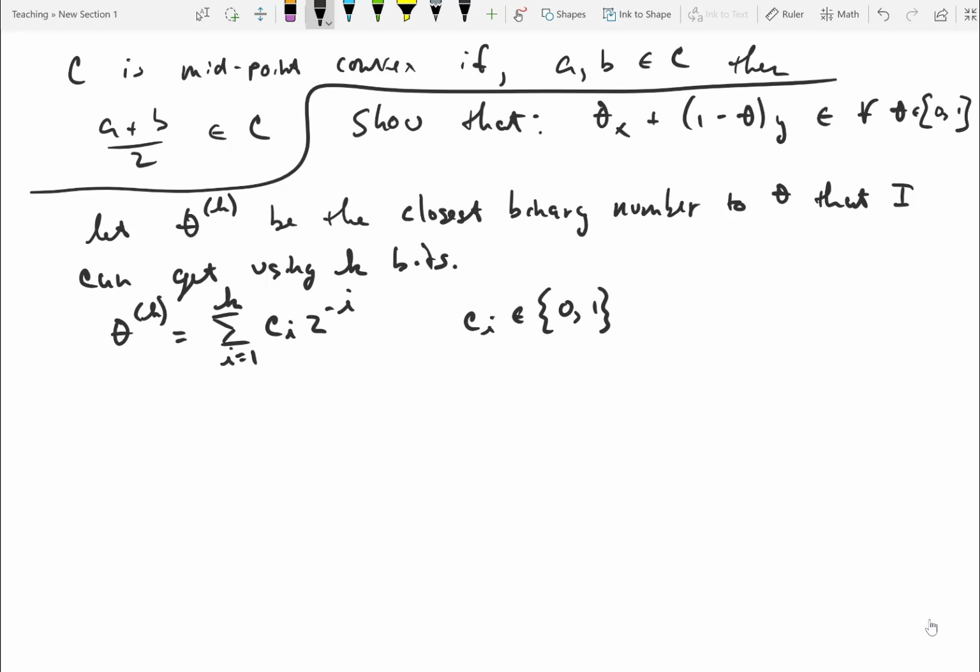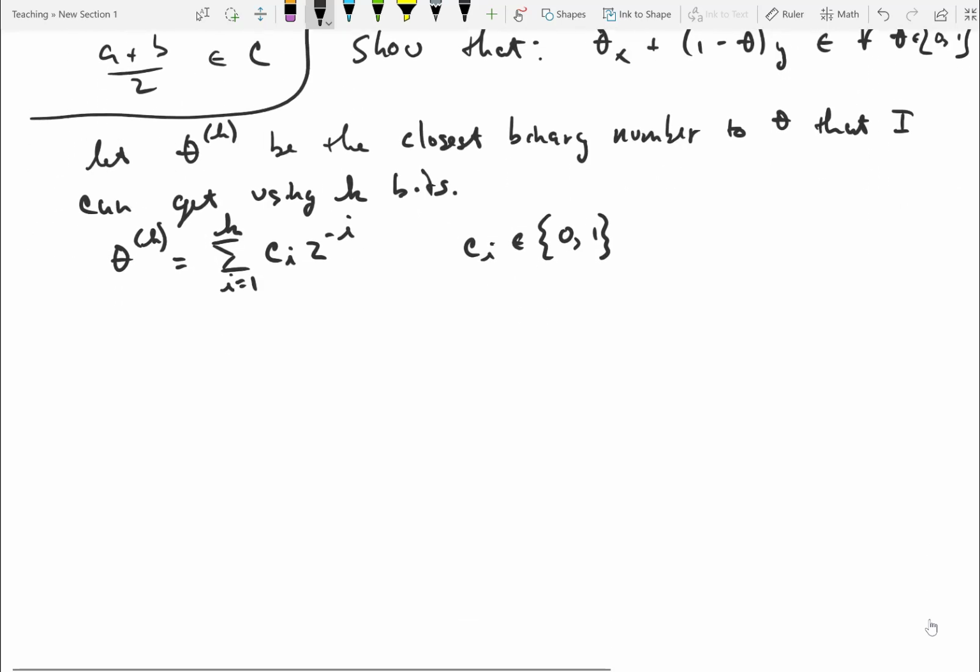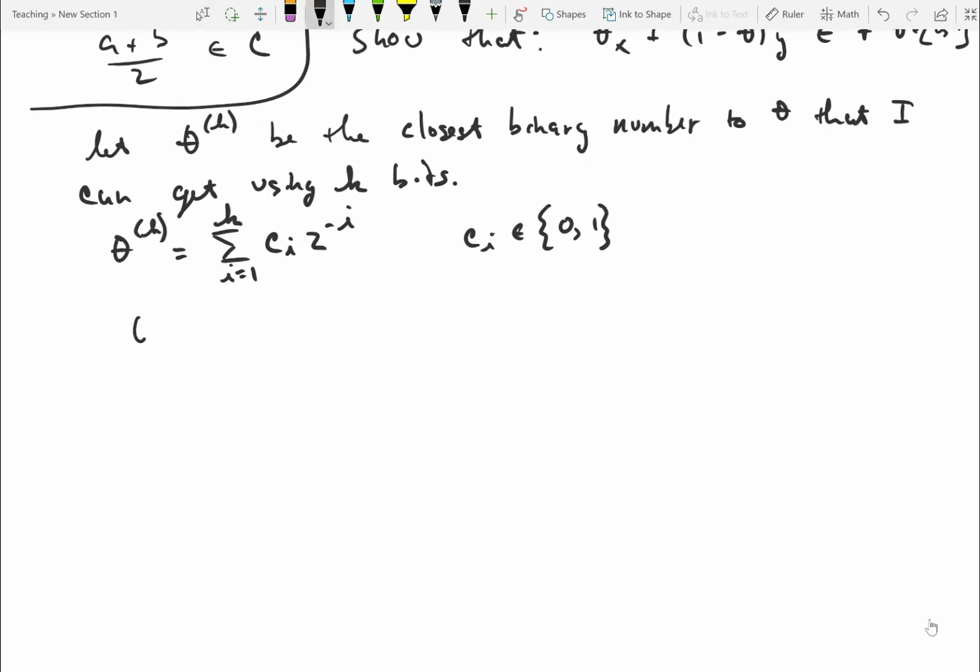So using midpoint convexity, we can say that theta to the k x plus 1 minus theta to the k y is an element of C. And really that's it, but let's understand why we can do this. We can do this because we can iterate through each bit of theta to the k and always have something of one of the following forms.